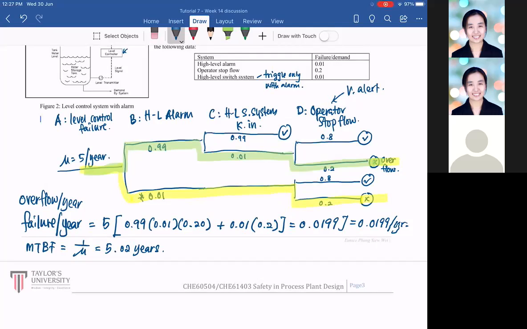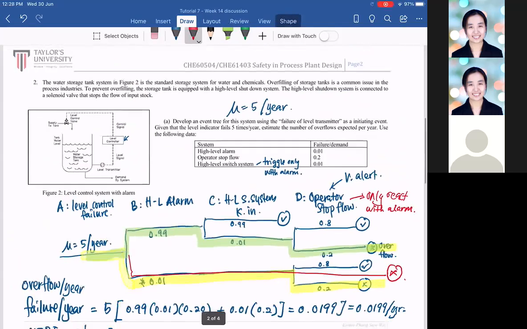But if, for example, we remove certain things in here, and assume a different scenario where our operators only react with the alarm, you will notice the level goes up. Meaning over here it will just be this all the way and it failed.